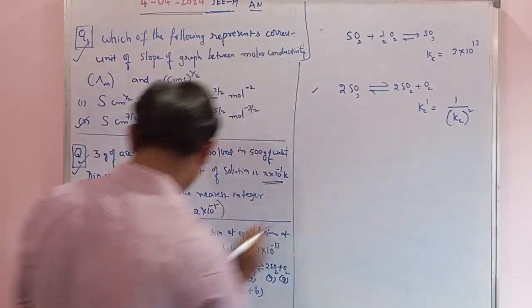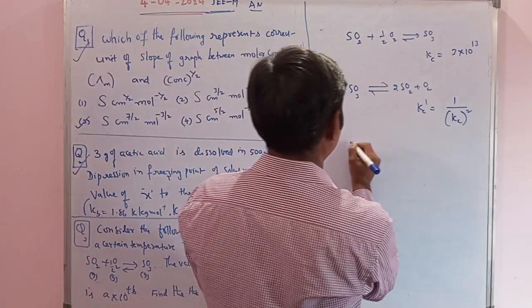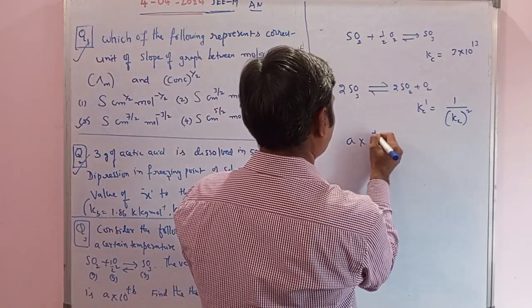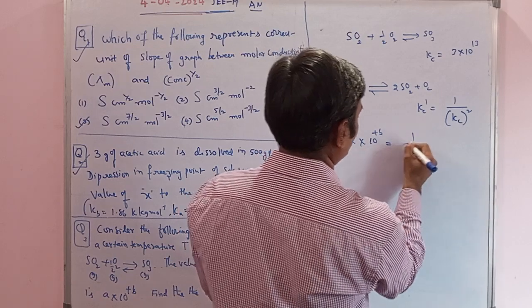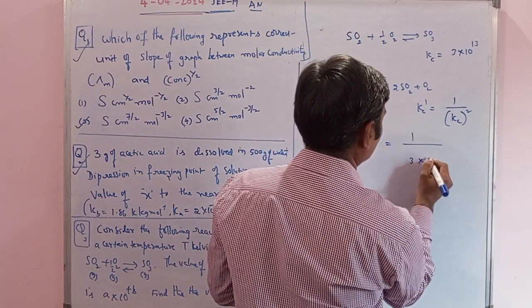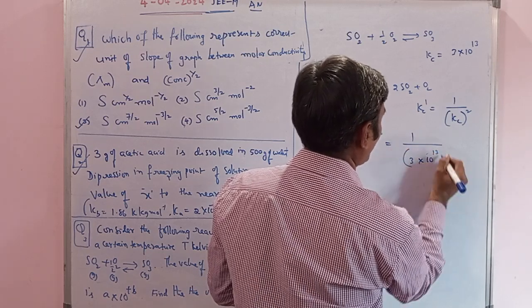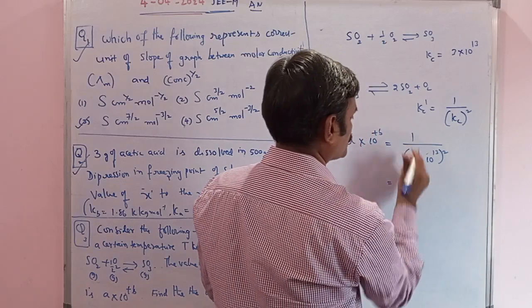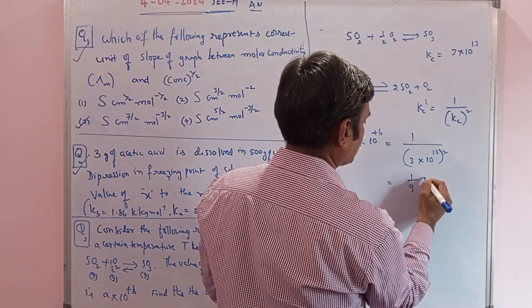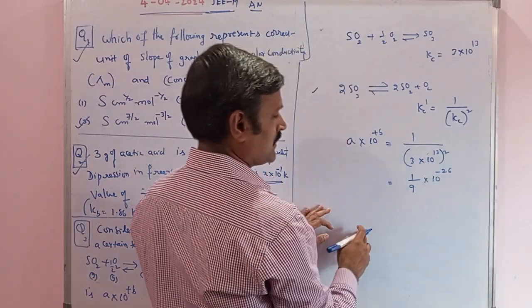That means Kc dash given in the question is A into 10 power plus B, which equals 1 by Kc, which is 1 by (3 into 10 power 13) whole square. So if I write this, it is 1 by 9 into 10 power minus 26 that will come.